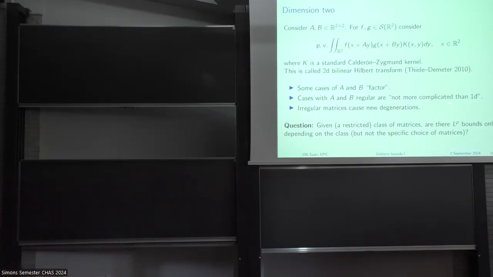And then the thing that's interesting in dimension 2 is that if the matrices are irregular, so that, okay, you map the plane to some line, these operators become really, really weird. And this was the main object of interest in Thiele and Demeter. And okay, I think they listed 6 cases, they proved 5 of them.